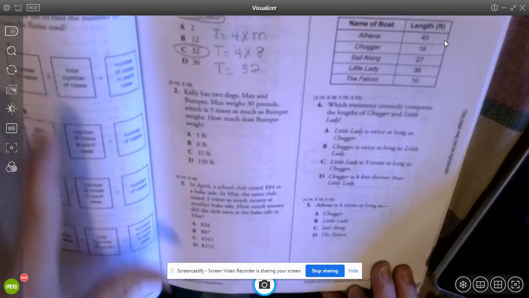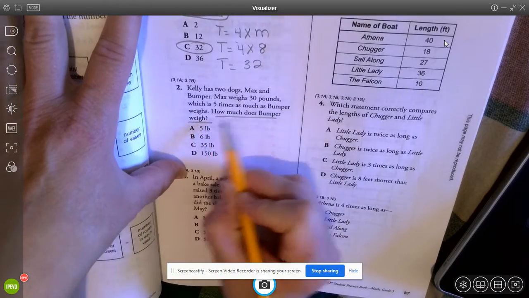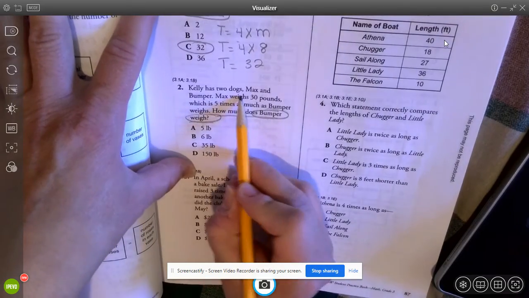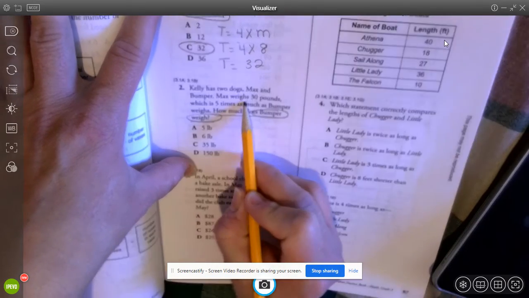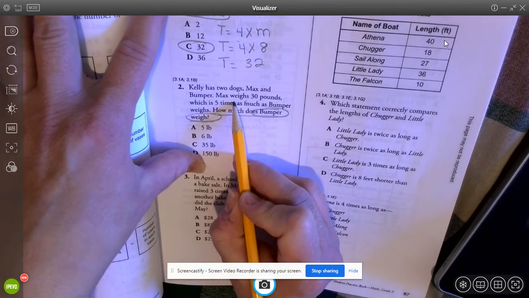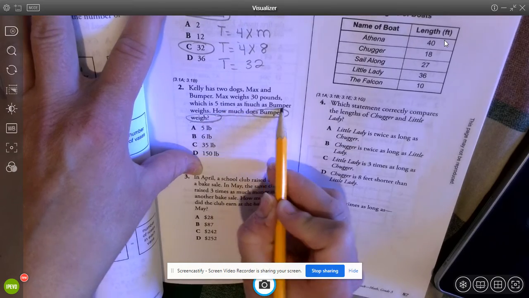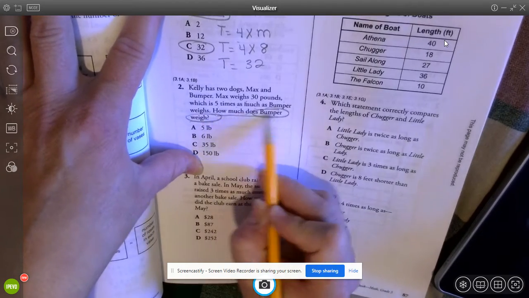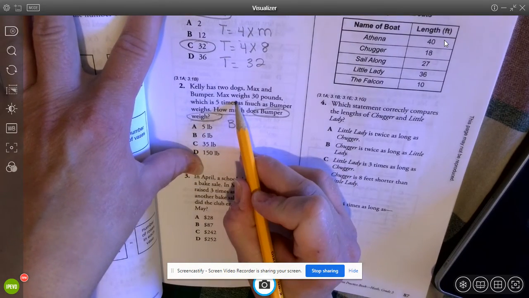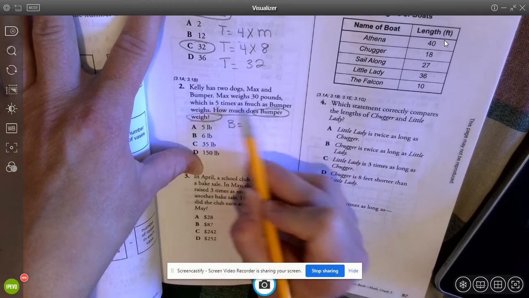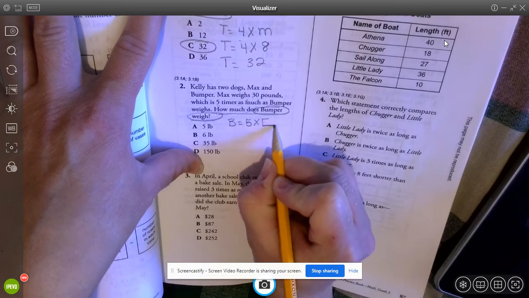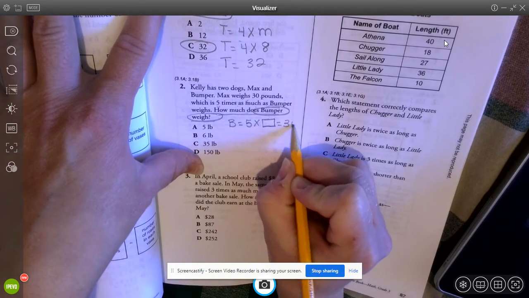Number 2. How much does Bumper weigh? We're looking for Bumper's weight. Kelly has 2 dogs, Max and Bumper. Max weighs 30 pounds, which is 5 times as much as Bumper. How much does Bumper weigh? So 5 times what will give you 30?